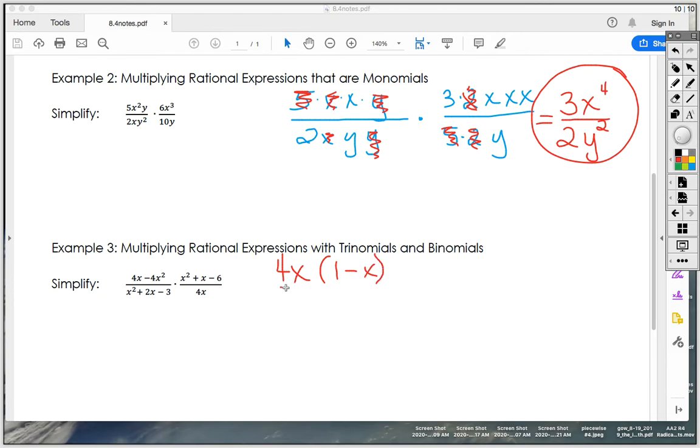Okay, the bottom, I'm going to have 1 and 2, and they're both going to be negative. So this is going to be x minus 1 and x minus 2. Again, all I'm doing here is factoring. So go back to your notes on factoring if you're struggling with this.